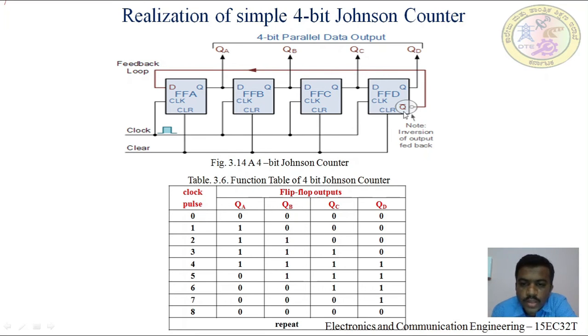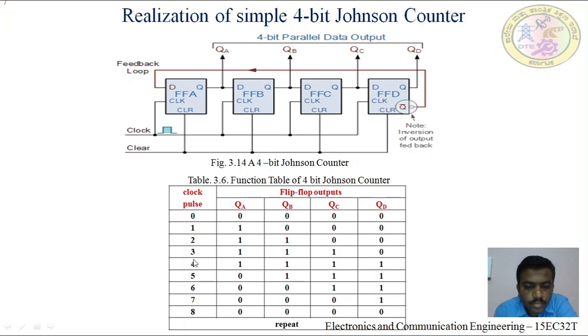The output QD bar is again set, and this is connected back to the data input of the first flip-flop. When the third clock pulse is applied, the output of the first flip-flop will be set, the output of the second flip-flop will be set, and the output of the third flip-flop will be set, and the output of the fourth flip-flop is still reset, but the output QD bar is again set, and it is connected back to the data input of the first flip-flop.